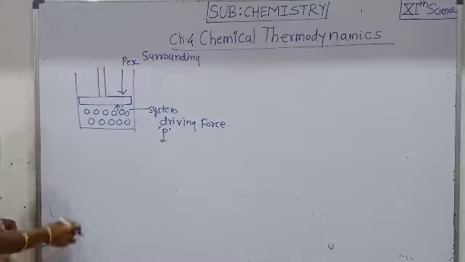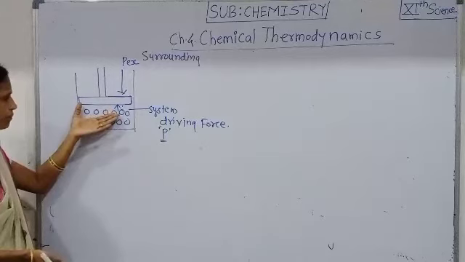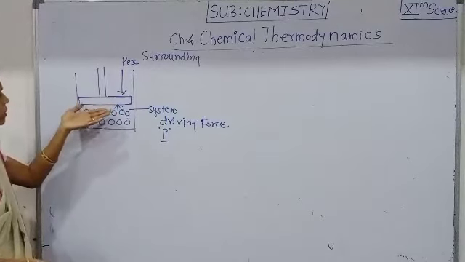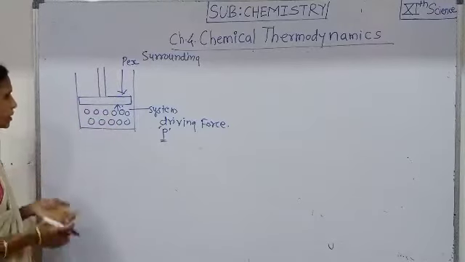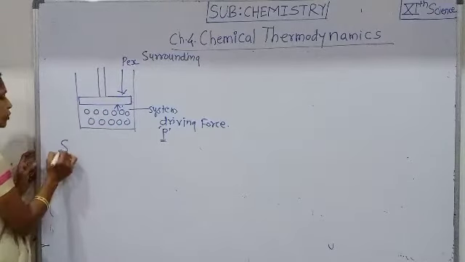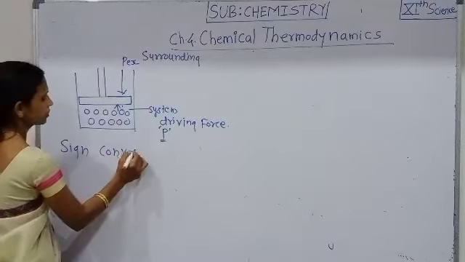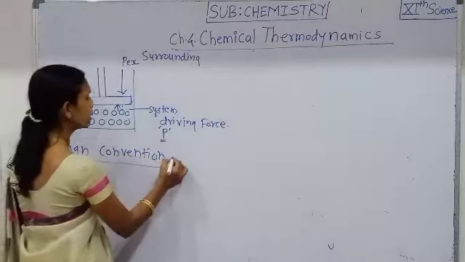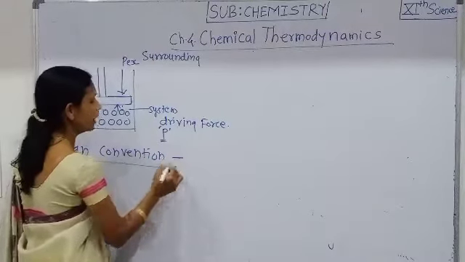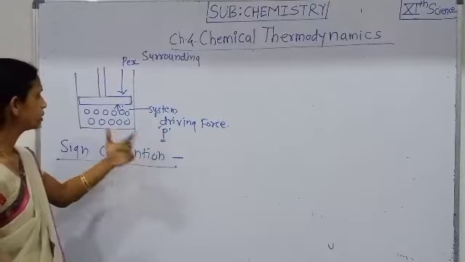And here when work done takes place in the system, whether it is by expansion or by compression, then we can use the sign conventions for solving the numerical examples as well as during determination of work done.